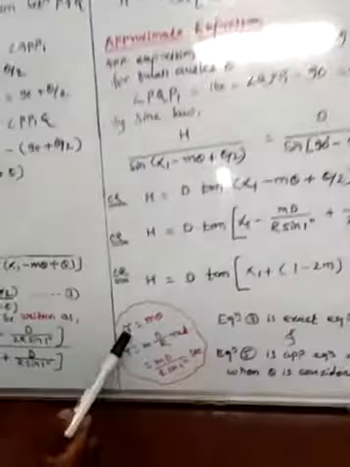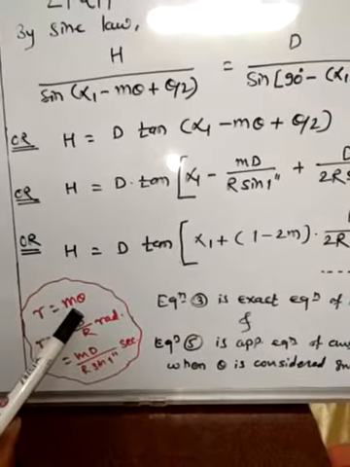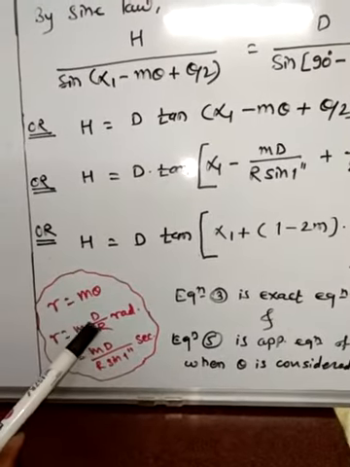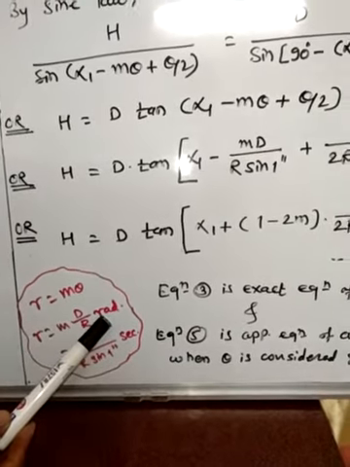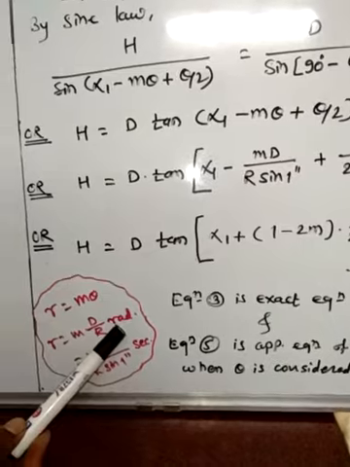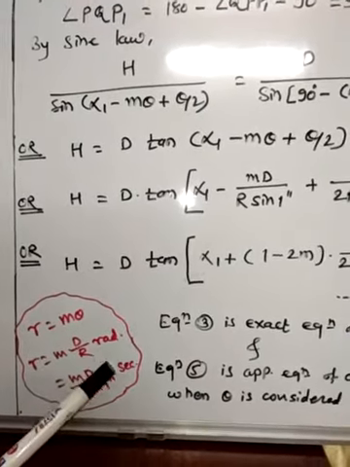Okay, from the correction for curvature and refraction, you can write here r equals m theta. So theta can be written as D divided by r in radians. That is nothing but 1 radian equals 206,265 seconds.